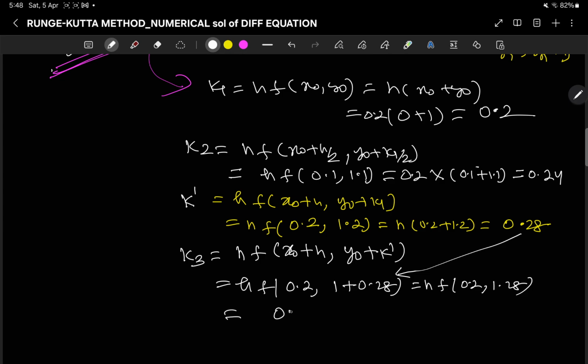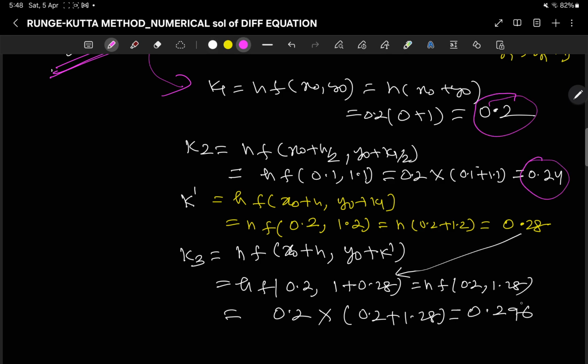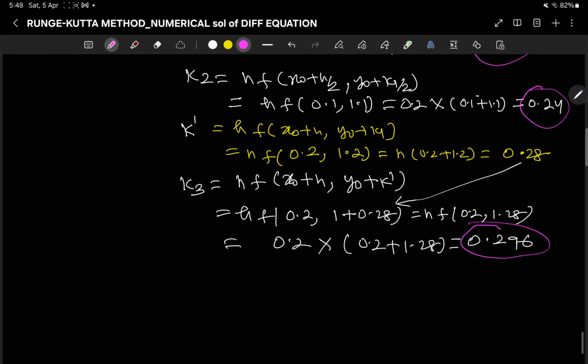So this is equal to 0.2 into (0.2 plus 1.28) and it will be 0.296. So the value of k1 is this, value of k2 is this, value of k3 is this. Now we have our Runge's method.